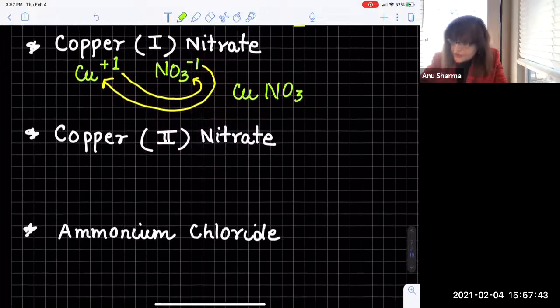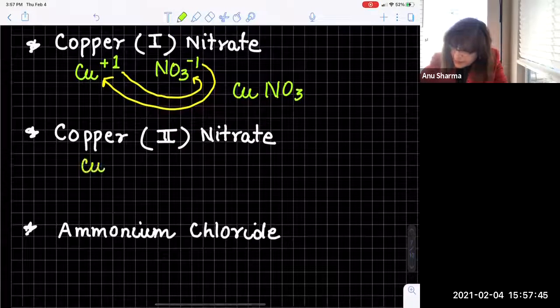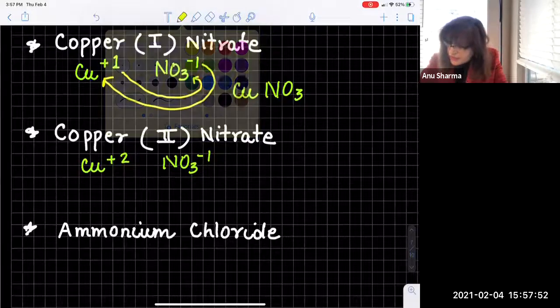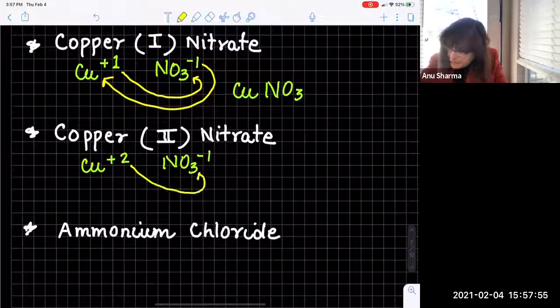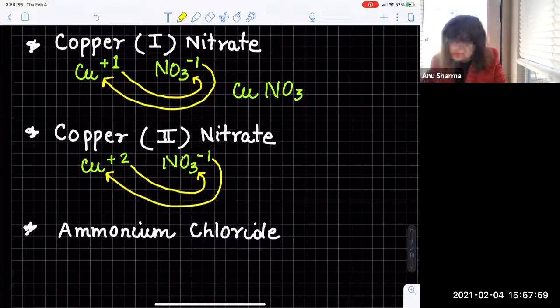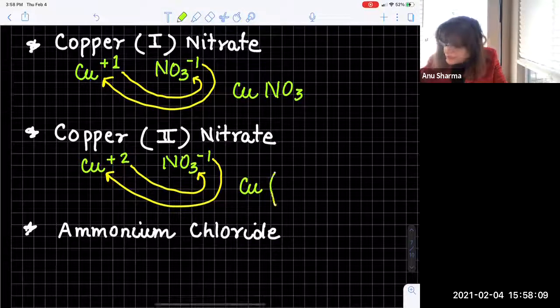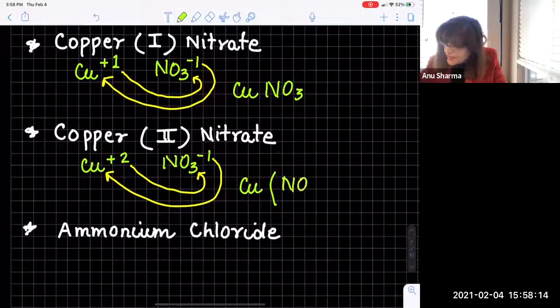Now comes copper 2 nitrate. Now this is different. Copper has a +2 charge and nitrate is -1 charge. So what do we do here? We bring 2 here and this 1 goes here, but when it comes to 1, we do not write it. So you get Cu for the 1 we brought down from nitrate, we don't write that, but we brought 2 down from copper, and the nitrate in parentheses we had to put because 2 is more than 1.